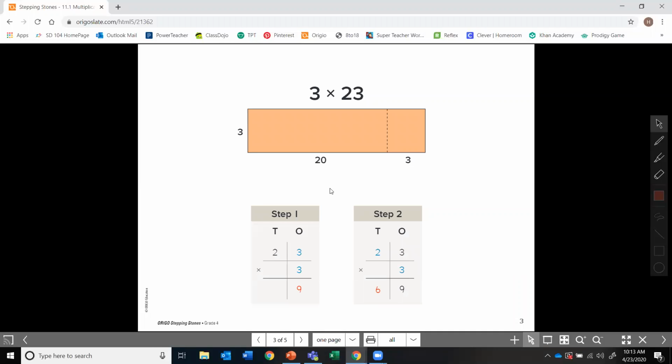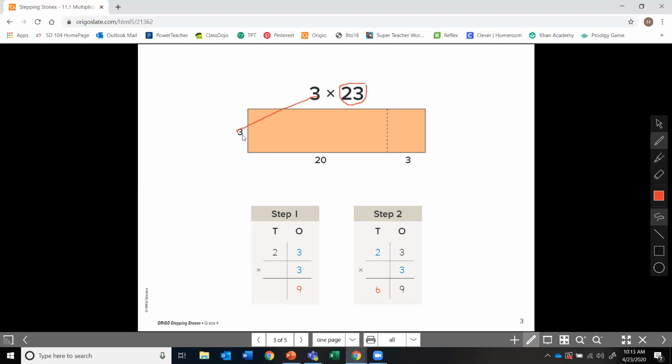So here are the 2 strategies that you possibly might use. This top one here is breaking up the second number. Okay, now this is called the distributive property. Now we have used this before in multiplying certain numbers. So if you notice, the 3 stays the same.